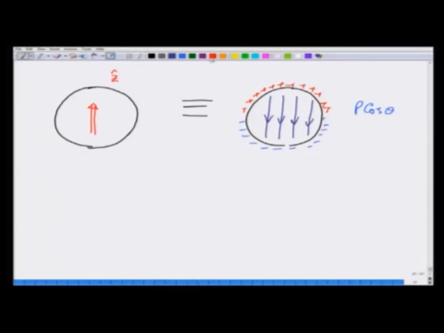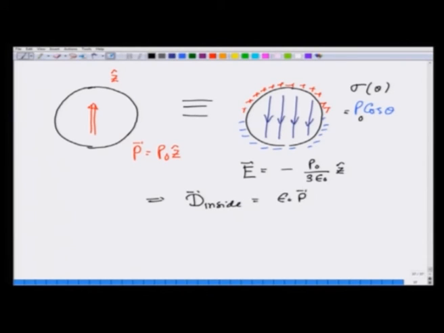So, if P is P naught z, then sigma is equal to P naught cosine theta, and the electric field is minus P naught by 3 epsilon 0 z. And this implies that displacement inside is going to be epsilon 0 E plus P, which is 2/3 P naught z, or 2/3 P.